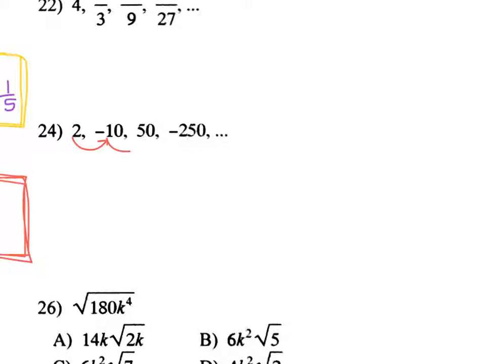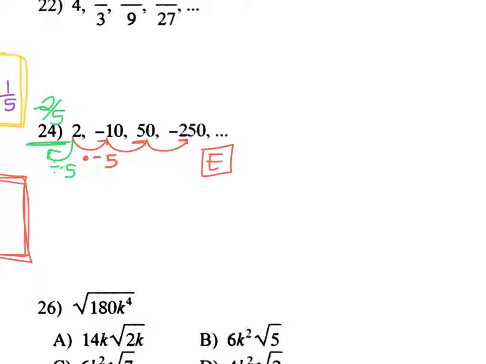So 24, if I go forward, I notice my pattern is multiplying. It's multiplying by 5, but really multiplying by negative 5, because notice that the signs are changing. So to go backwards, I'm going to have to divide by negative 5, which is going to give me a starting point of negative 2/5.